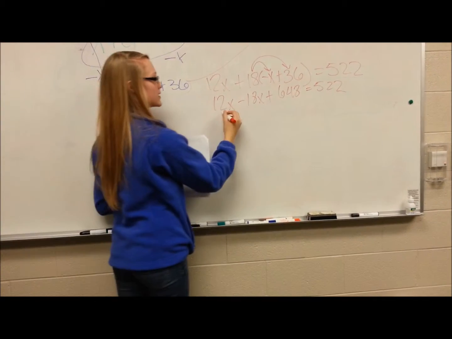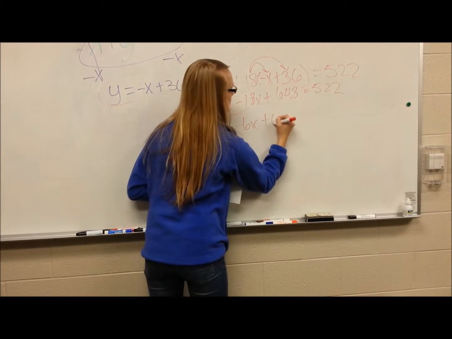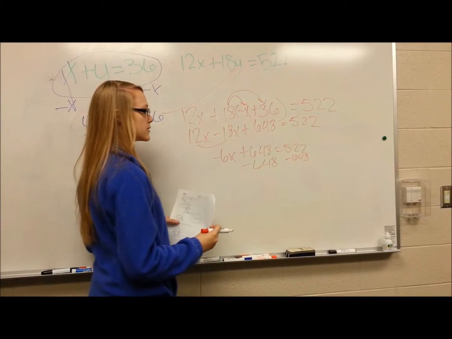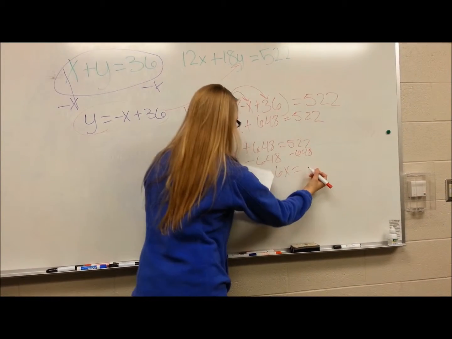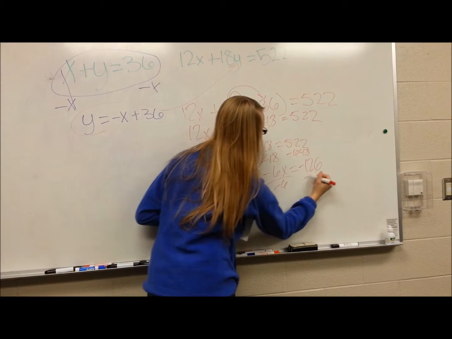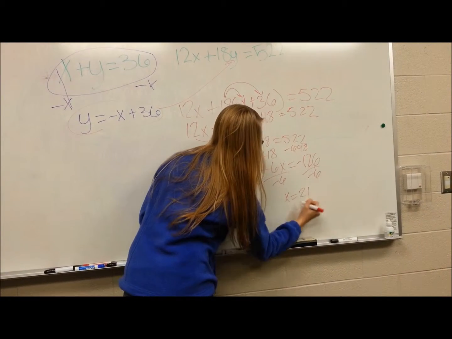You combine like terms and get negative 6x plus 648 equals 522. When you subtract the 648, you bring down the negative 6x and the negative 126, and you divide by negative 6 on both sides, and your answer will be x equals 21.